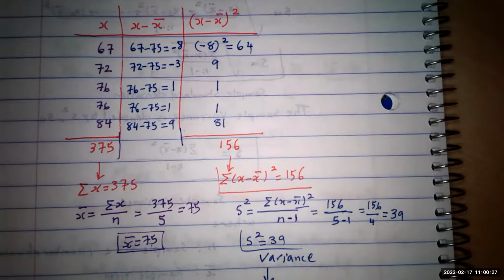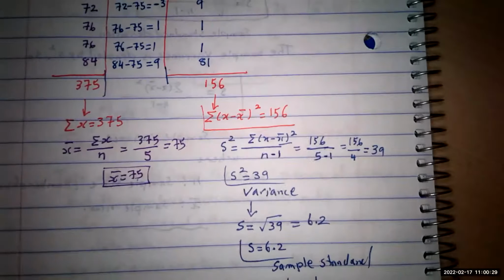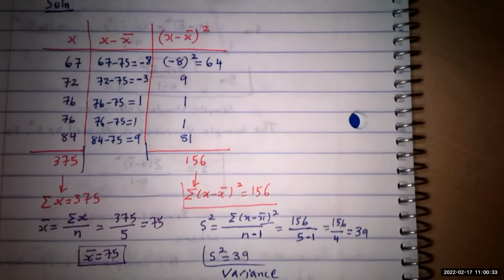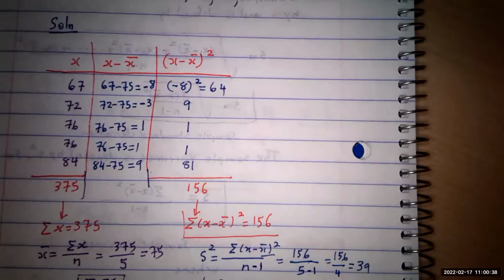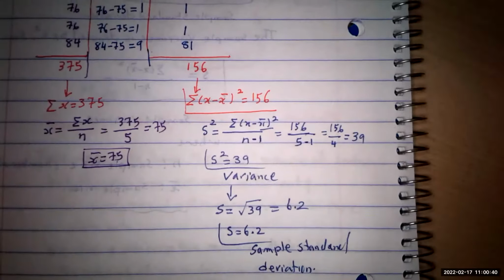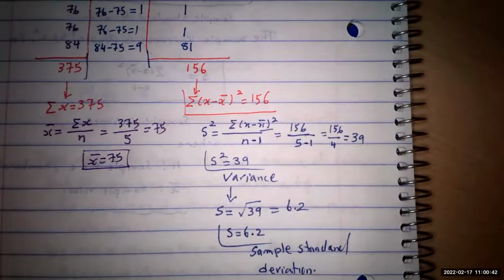This is not the formula that the calculator uses for you. I'll show you in a minute. Let's get back to this one. The data is a very limited set, so we can find it. We get 6.2. Now, the way the calculator does it, it won't use this formula.